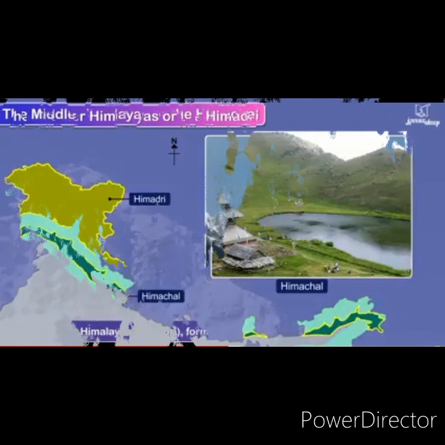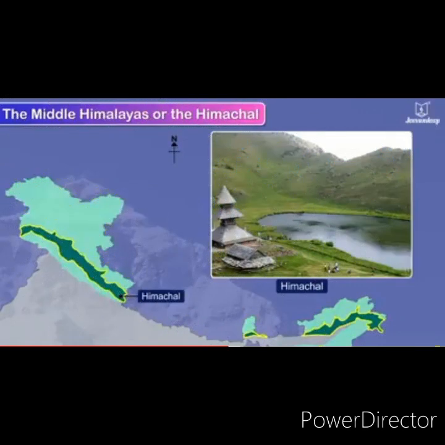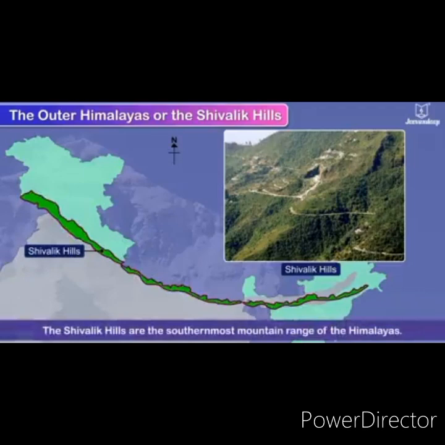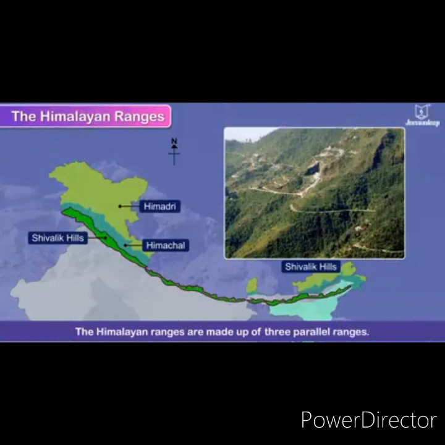The Himachal mountain ranges are towards the south of the Himadri and are separated by deep river valleys. And the Shivalik is the outermost range in the Himalayas. So these are the three main mountain ranges of the Himalayas.